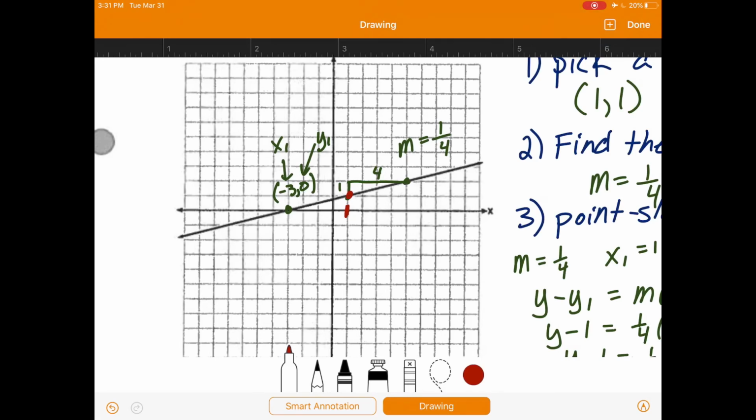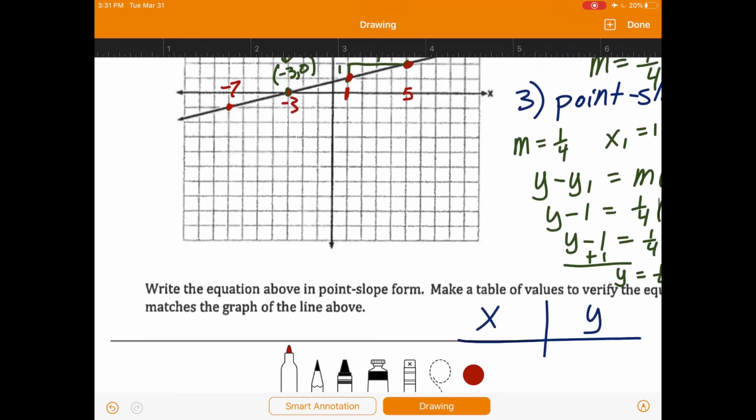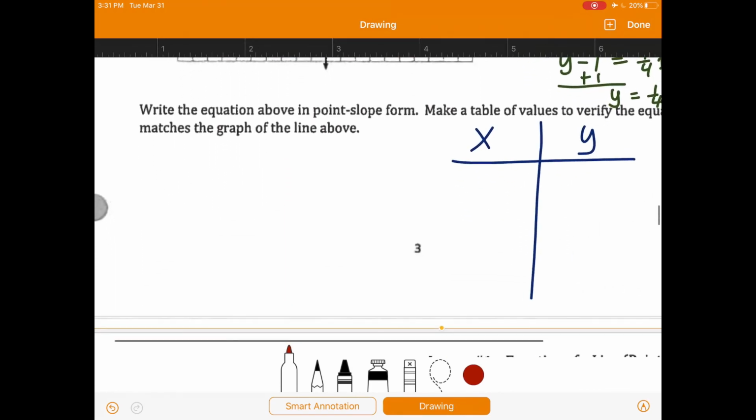Another nice one is this point right here, which is 5. And if we were to go in the other direction, this one right here is -3. And another nice one is this point, which is -7. So I'm going to use those x values as a way of verifying that this is correct. From smallest to biggest, I have -7, -3, 1, and 5.